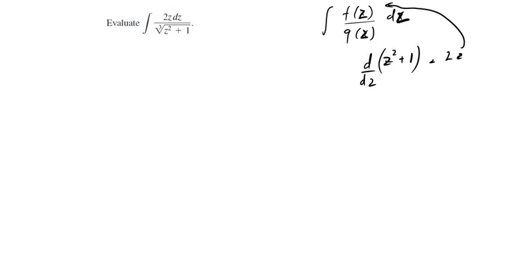So for this function, we will take u equal to z squared plus 1. So du over dz would be 2z, and if we take 2z and substitute that in terms of u, we would get 2z dz is equal to du.